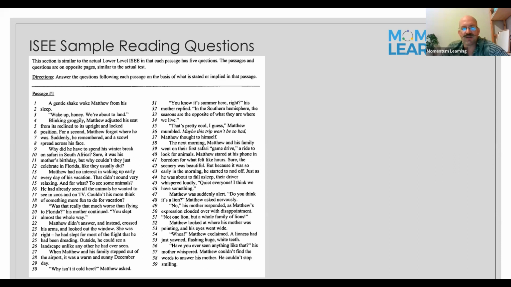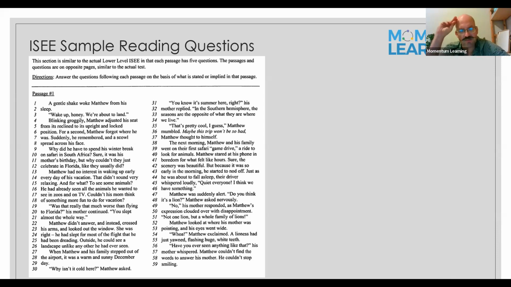Just as he was about to fall asleep, the driver whispered loudly, "Quiet, everyone. I think we have something." Matthew was suddenly alert. "Do you think it's a lion?" Matthew asked nervously. "No," his mother responded as Matthew's expression clouded over with disappointment. "Not one lion, but a whole family of lions."